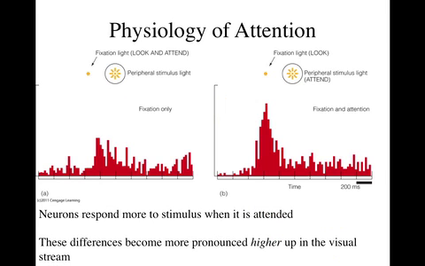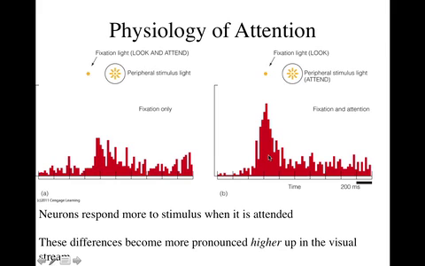Single cell recordings have also been done that show that certain individual neurons will show a difference if, in this case, a monkey is fixating and a stimulus turns on. This cell does not respond very heavily, but if they're fixating here and they have a task to do with this location over here, then you'll see a stronger, more vigorous response.